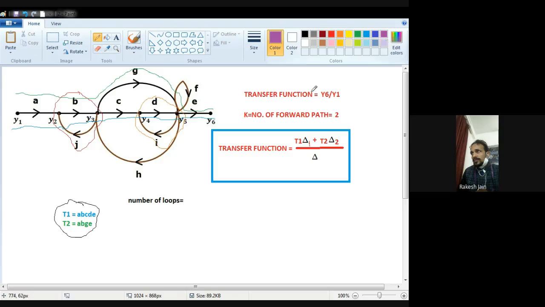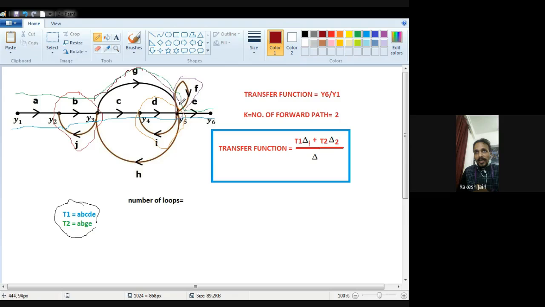Now see, with this orange color I mentioned, this is a closed path. Start from the Y4 node, D is the gain. Reach at Y5 and again reach the Y4 node. So this is my second loop.